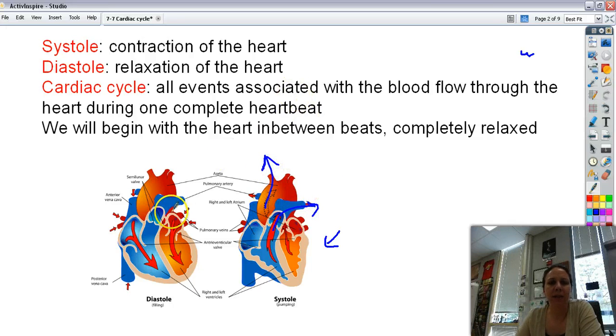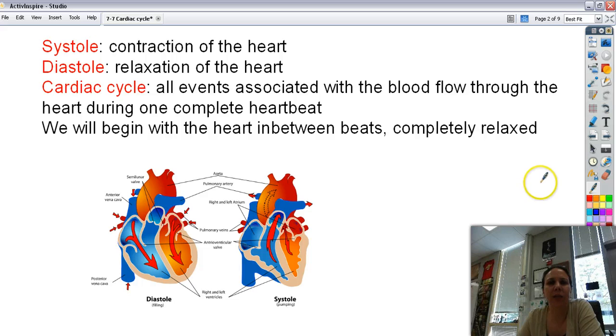And then we have diastole, which is when the heart relaxes, which sucks in blood from the vena cava and goes into the ventricles. The same thing comes in from the lungs and goes into the ventricles. Going back and forth between systole and diastole is referred to as a cardiac cycle. The cardiac cycle is all the events associated with the blood flow through the heart during one complete heartbeat.